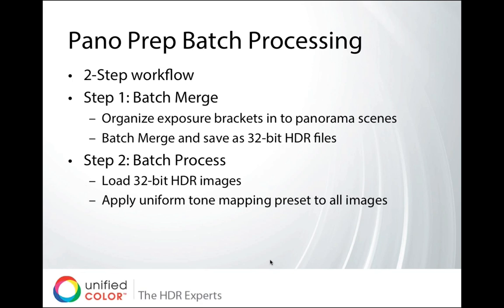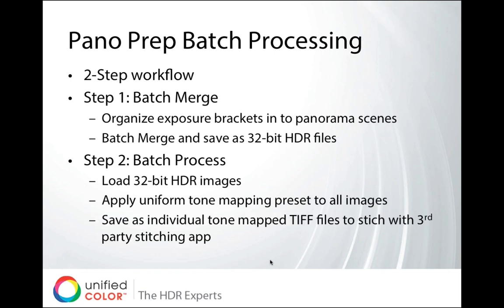We treat the whole scene as one uniform image, and then apply those settings uniformly across all of the individual panels, so that when they're stitched together, it's seamless, and you don't have the variation that I showed before.